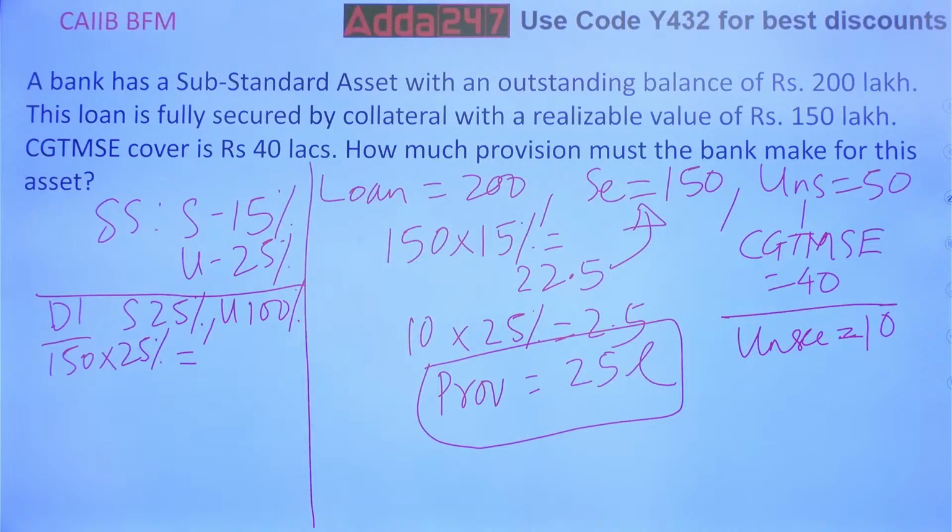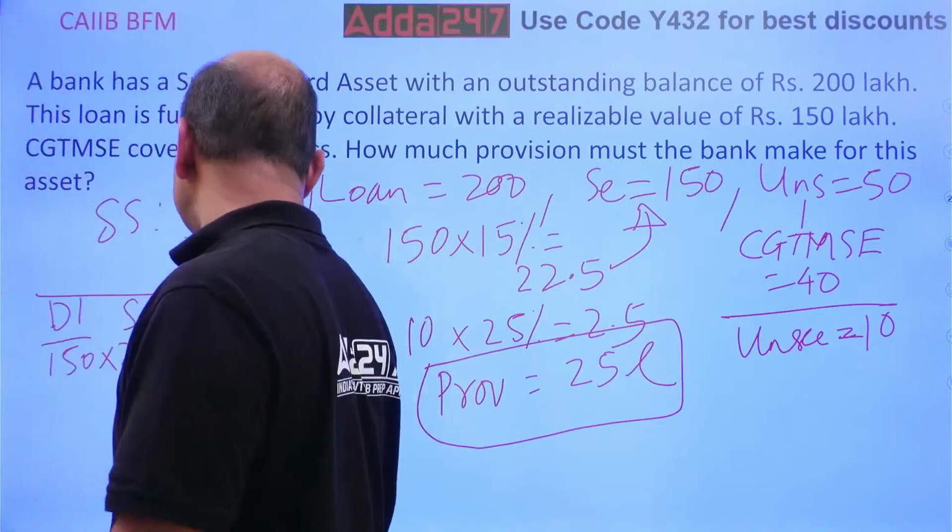Let me also try. 150 into 0.25 is 37.5. So here the provisioning is 37.5.